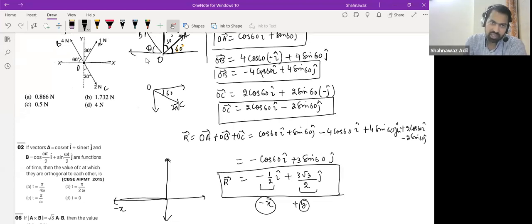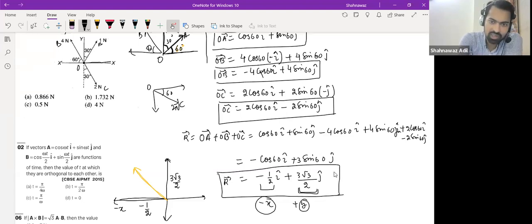This is the resultant of all these vectors in this direction, and its vertical part is 3 root 3 by 2, and its horizontal part is minus 1 by 2. Is this clear to you?